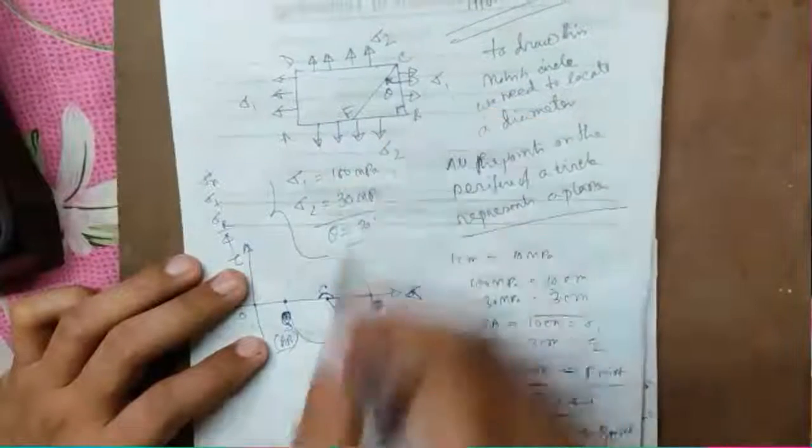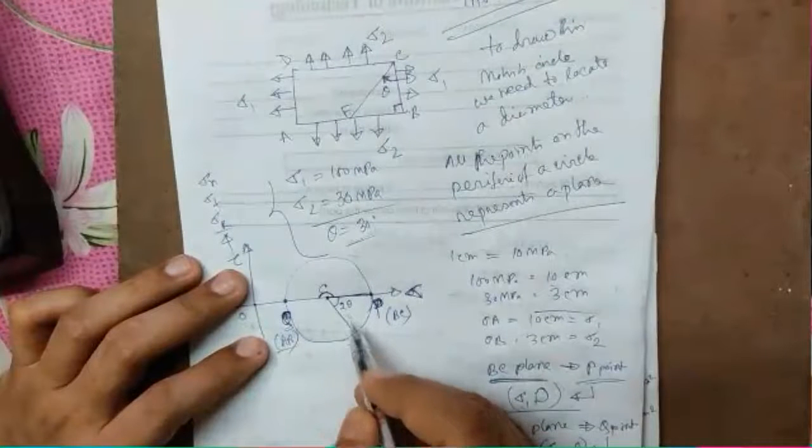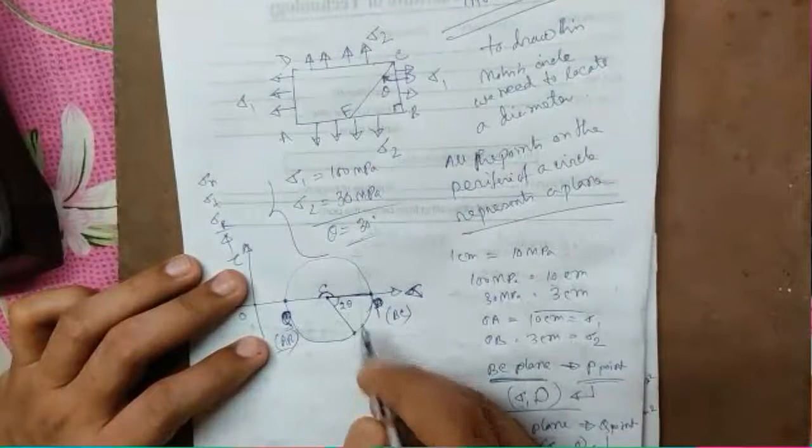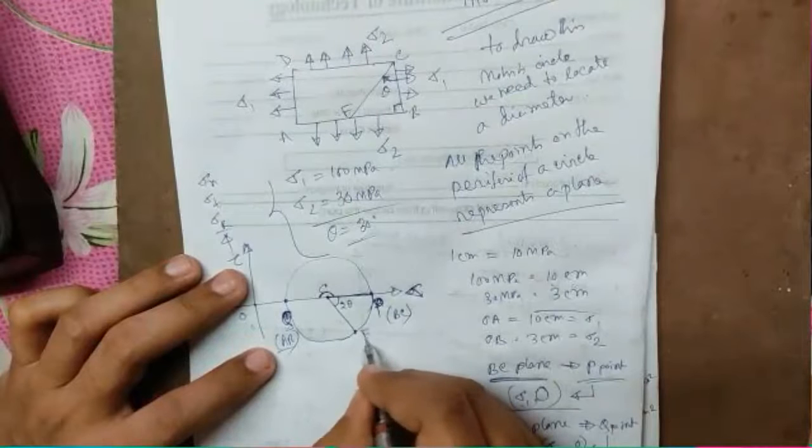If this is 30, we have to draw here 60. So we will get the point here. Let it be E point.